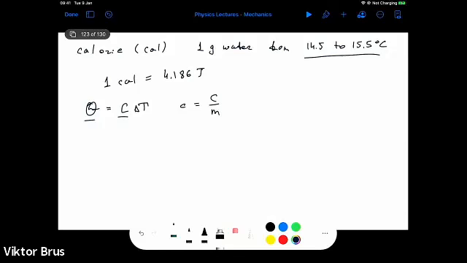It just defines the property of the substance itself. And in this case, we can write that Q is equal to specific heat capacity times mass times change in the temperature.